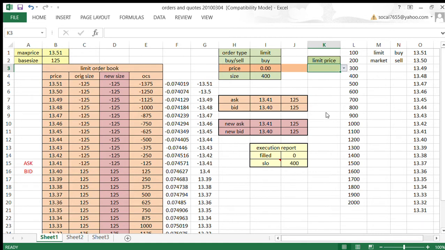Let's say we're pretty aggressive. We're willing to pay $13.45, or better. And when I enter that, I've entered all the data, and let's look what happened.